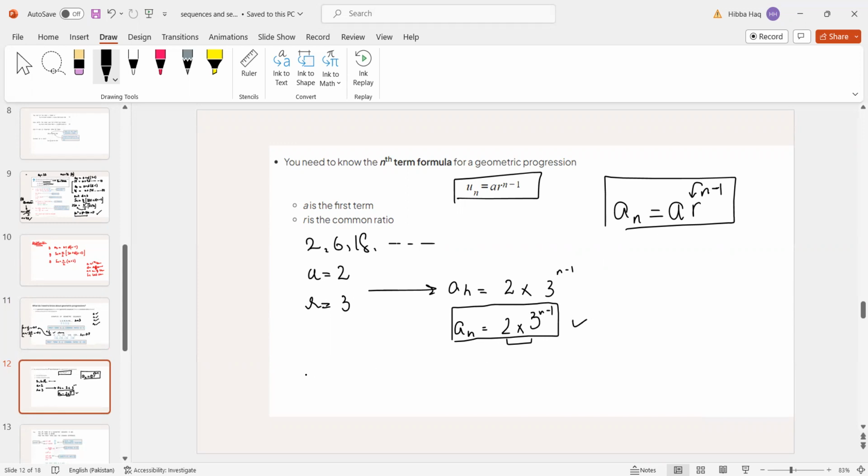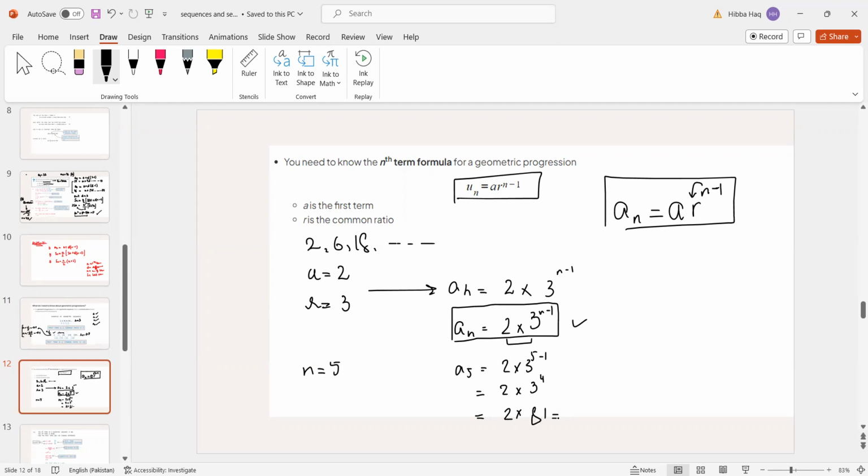Let's say we have to find the term for n equals 5. So a5 is equal to 2 times 3 to the power of 5 minus 1. That is going to give me 2 times 3 raised to the power of 4. 3 raised to the power of 4 is 9 into 9, which is 81.